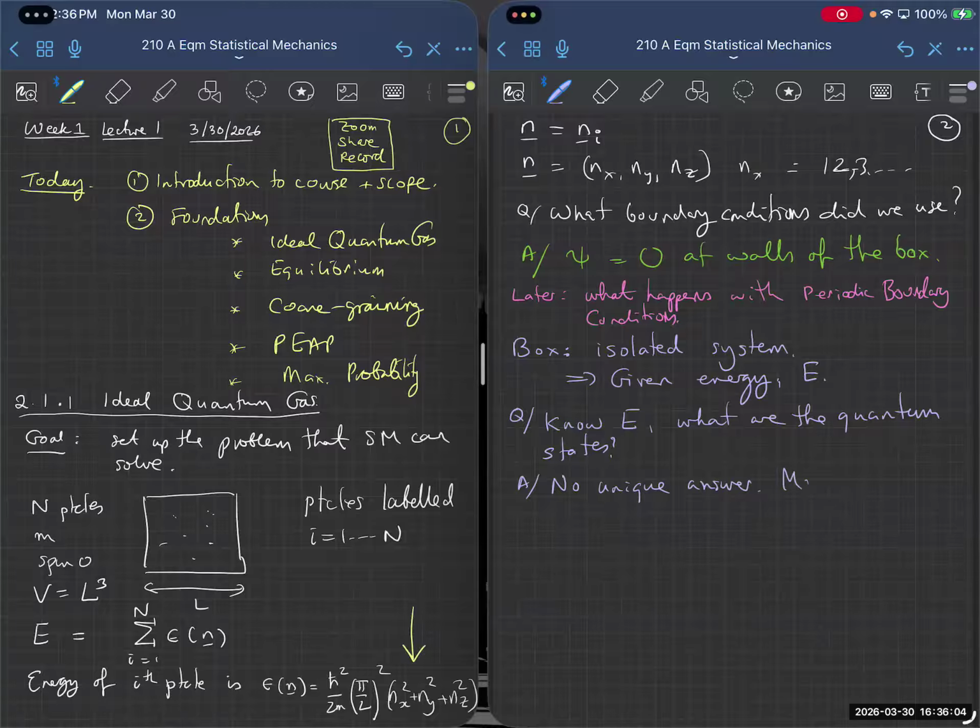There are many different n i that give the same energy E, and we say then that the energy levels are degenerate.